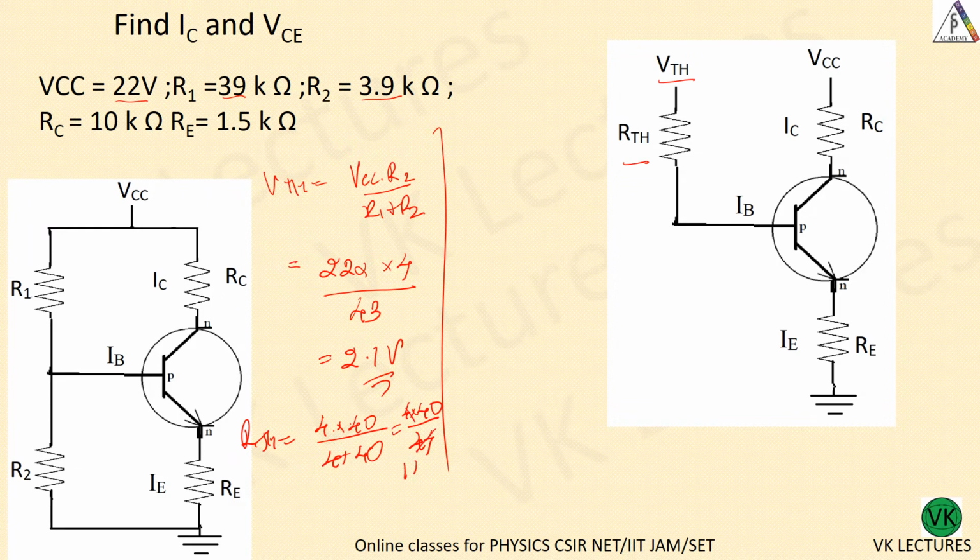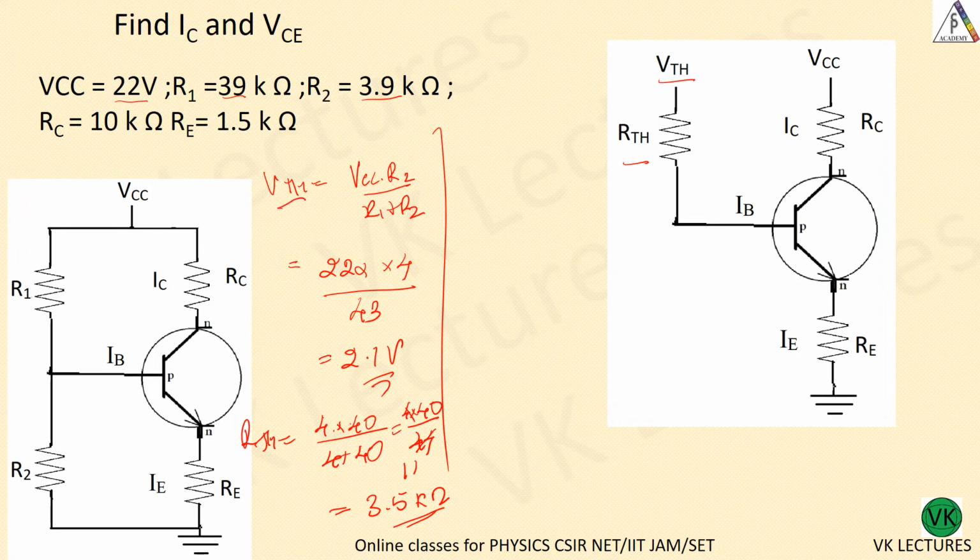So this value is around 3.5 kilo ohm, because all are in kilo ohm. So this is 3.5 kilo ohm, this is 2.1 volt. Just check the value once again, VTH and RTH.